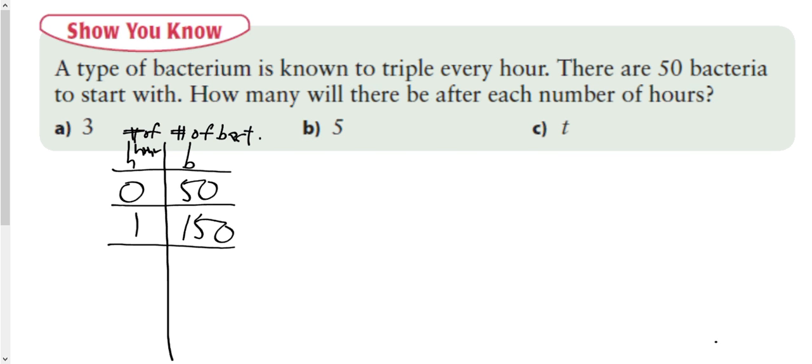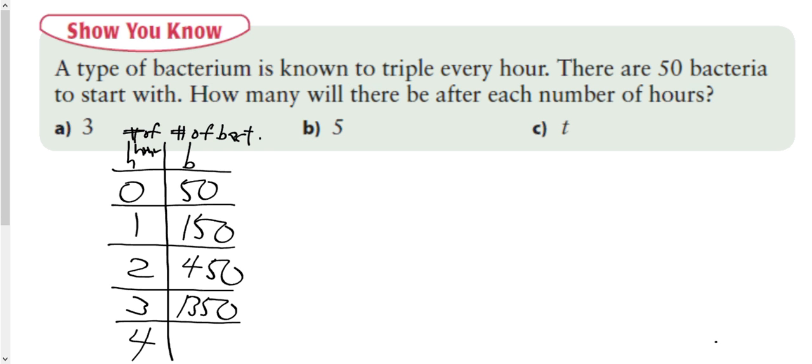Then it's going to go for another hour, so we have hour number 2, and that 150 is going to triple, making it 450. After 3 hours, 450 will triple and become 1350. After 4 hours, we triple the 1350.